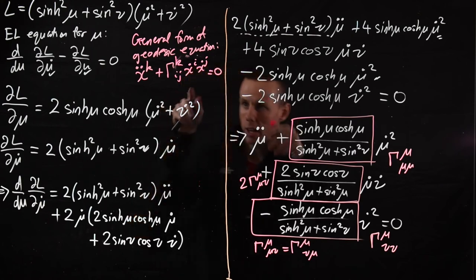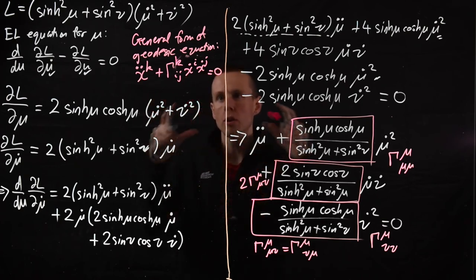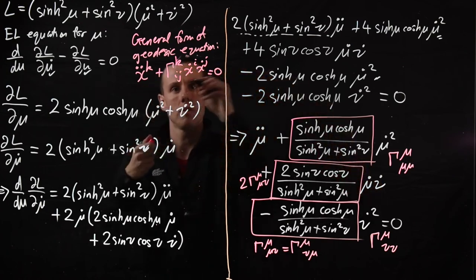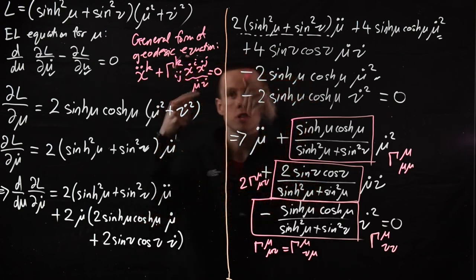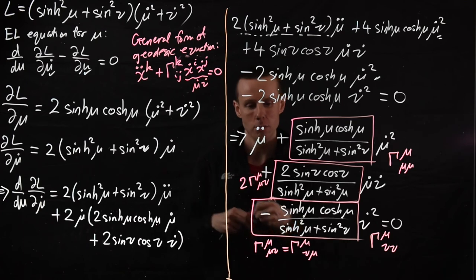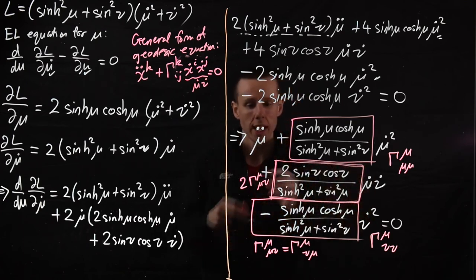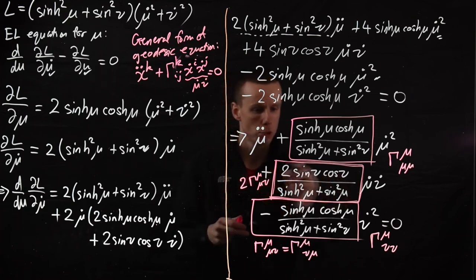But there will then also be another term where it's the other way around. So i is equal to nu and j is equal to mu. And the coefficients of those two things get added together because this bit is just mu dot nu dot in both cases. So the two coefficients of the two separate terms get added. So really that's why you get this extra factor of 2 here. So the actual Christoffel symbol itself, so just gamma mu nu, will just be this thing without that factor of 2.